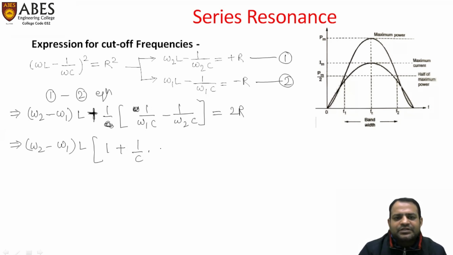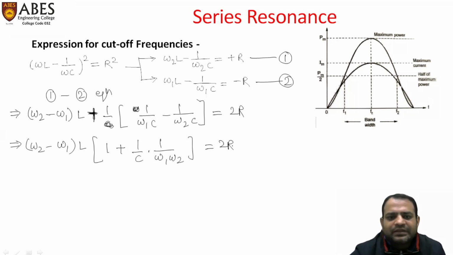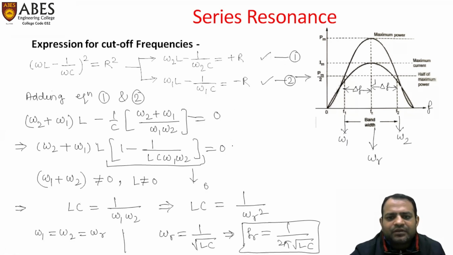So the expression is coming 1 upon omega 1 omega 2, which is equal to twice of R. In the previous step, we calculated LC is equal to 1 upon omega 1 omega 2.